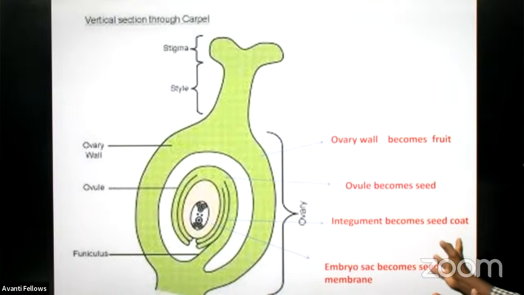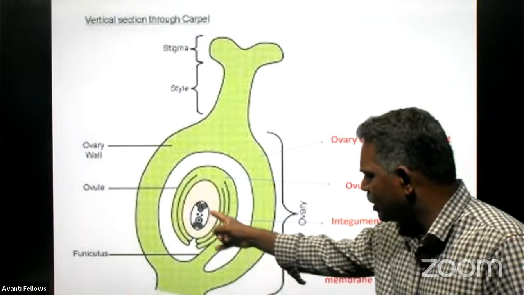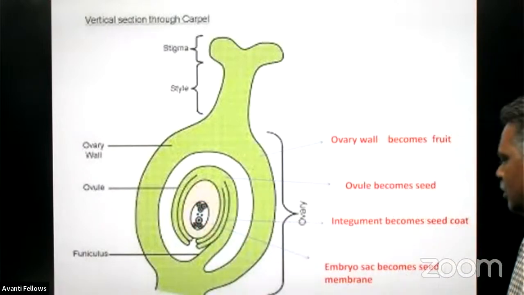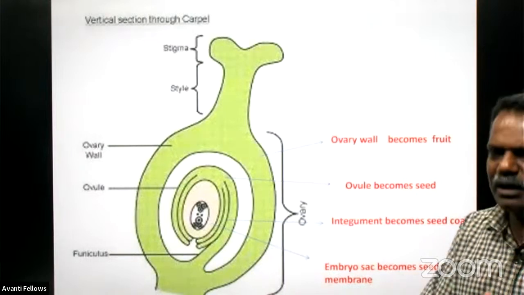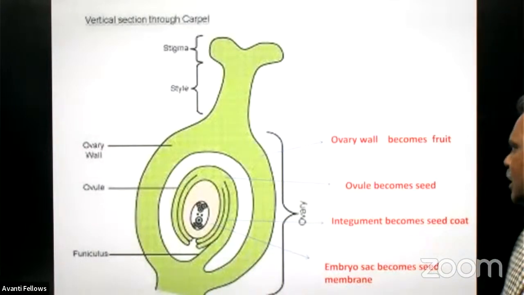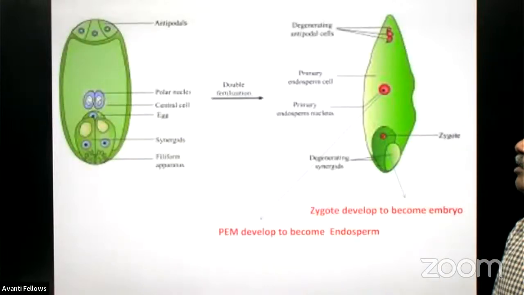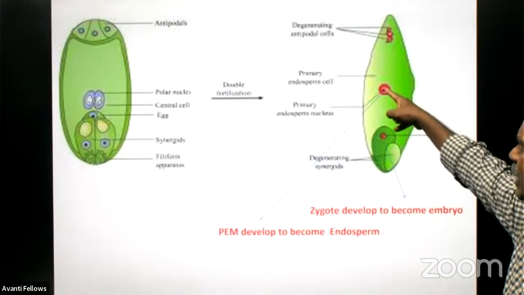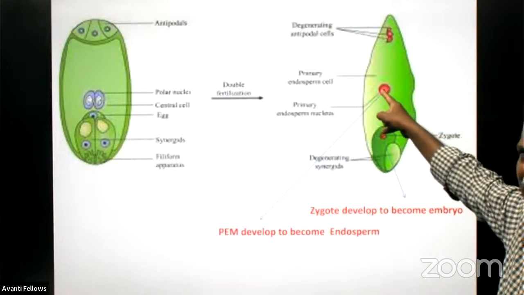The integument develops to become the seed coat, and you can find the embryo sac here. This embryo sac develops to become the membrane inside the seed coat, right? So this is the fate of different parts after fertilization. And here the primary endosperm is the product of triple fusion, as I told you.